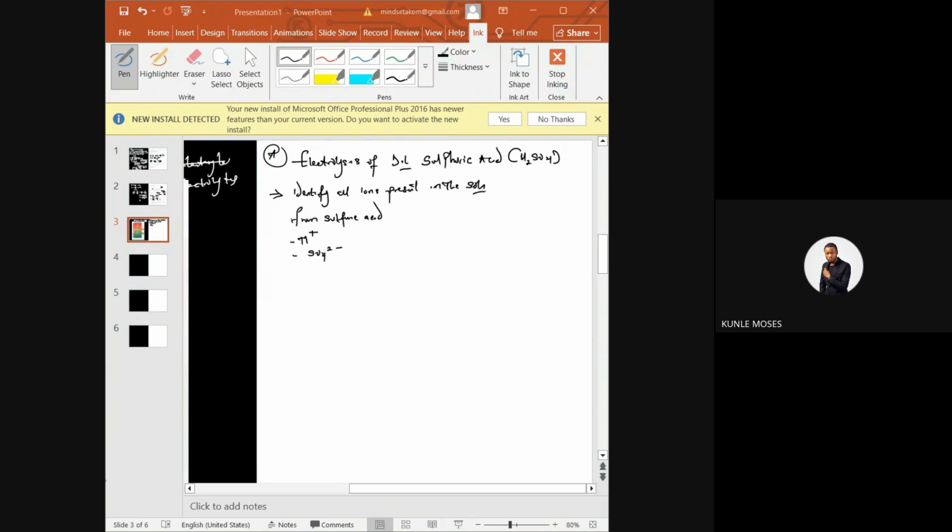Okay. From water, what can we get? From sulfuric acid, we can only get H plus and SO4 2 minus. If sulfuric acid dissociates, that is what it will give us.